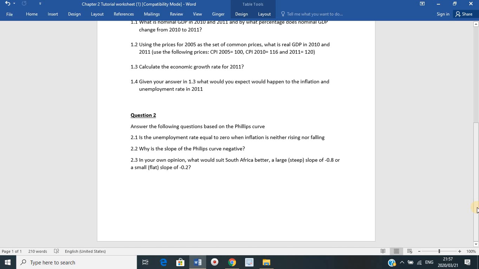Another way of saying it: we have a concept here which is the natural unemployment rate. We will always have a natural unemployment rate, which is the unemployment rate whereby the output is at its potential.